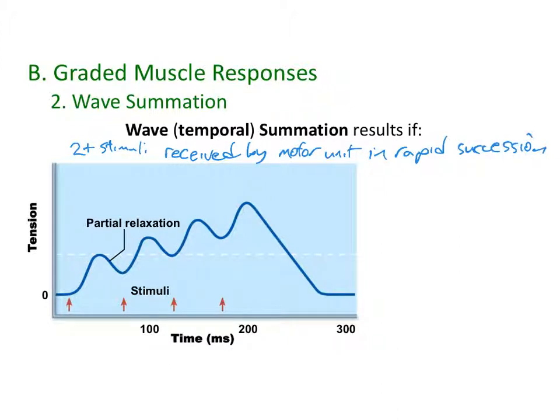And so here you can see the motor unit gets stimulated, generates tension, starts to relax, and before it's relaxed fully again, it gets stimulated again, causing another generation of force, contraction, generates more force now, relaxes, still doesn't hit full relaxation before another stimulus hits, and so you can see this increase in tension generating.